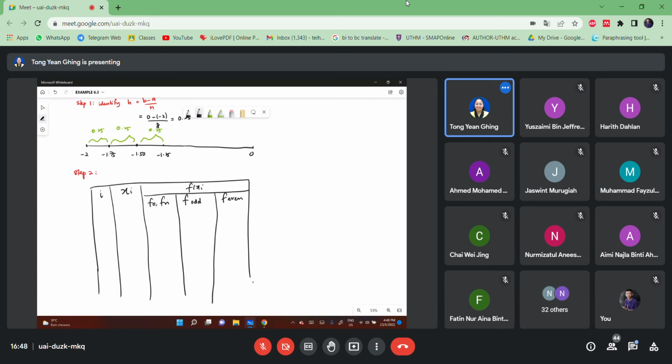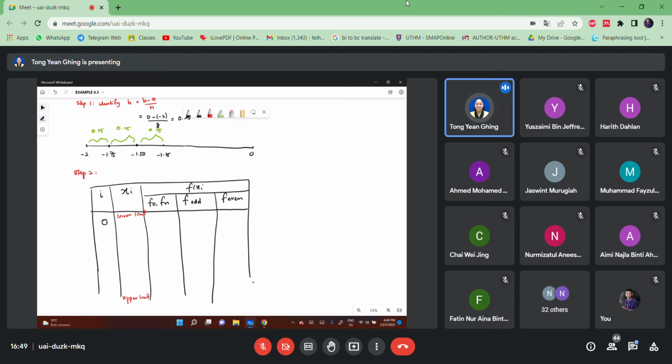You must remember that i always starts with 0. The first value starts with the lower limit, and the last one is the upper limit.